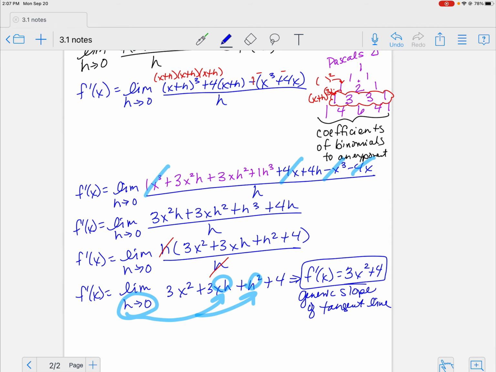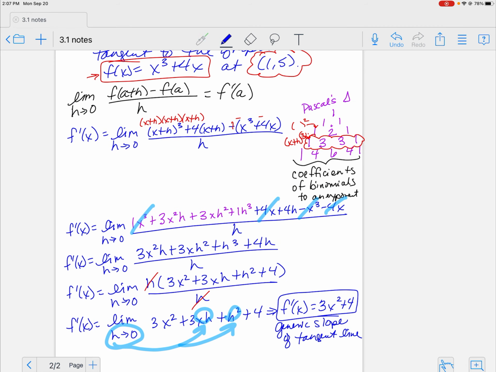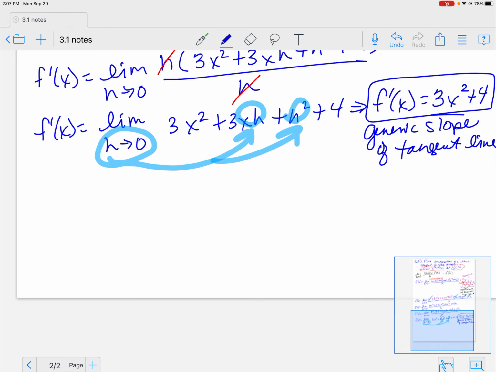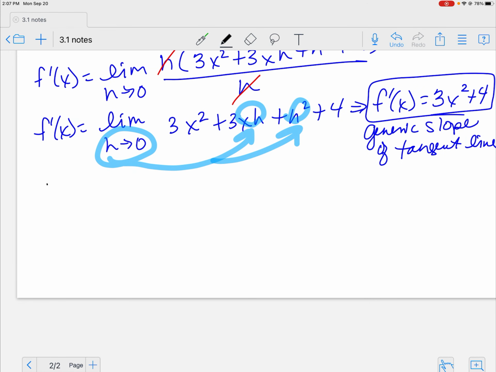Well, if we rock ourselves right back on up here, we specifically want to know what's happening at the point (1, 5). So let's bring it back down. At the point (1, 5), I know that my slope is going to be f prime of 1. So 3 times 1 squared plus 4.